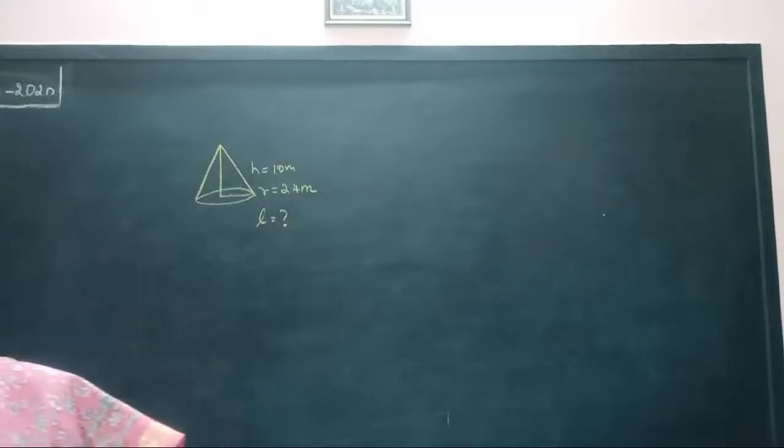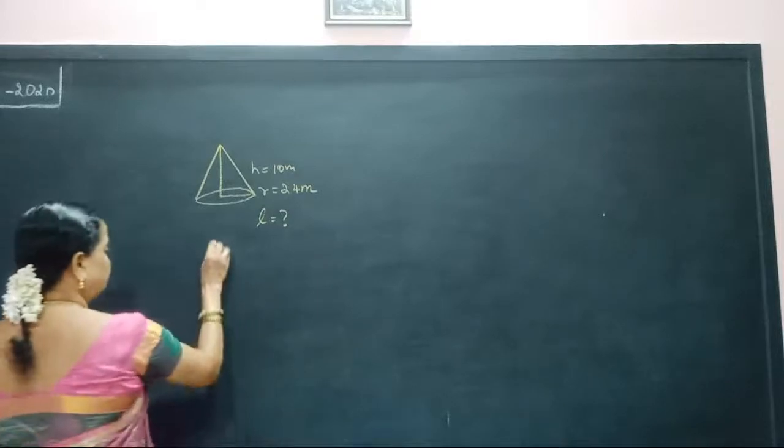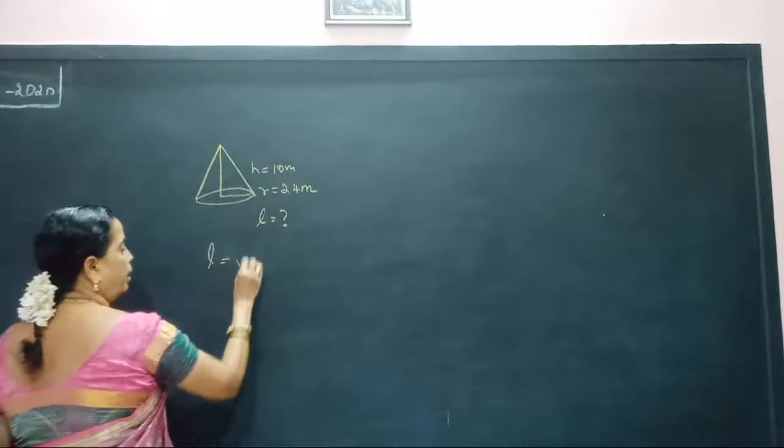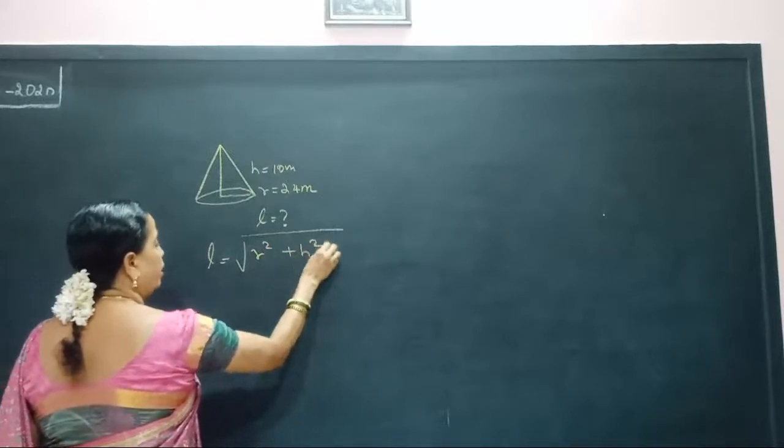Very simple question. Direct L is not given. We have to find out L, then calculate pi RL, then finally its cost. Start answering it. We know the formula L equals root of R square plus H square.